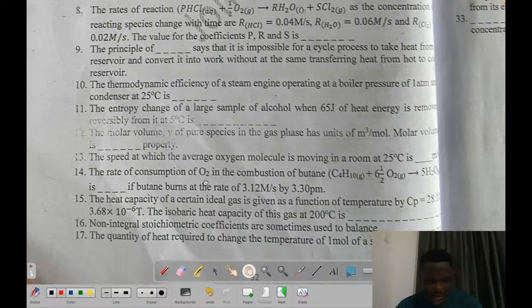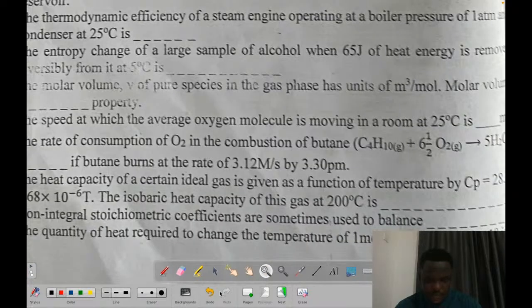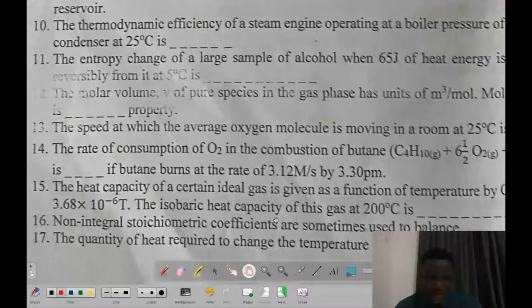Number 16 says, non-integral stoichiometric coefficients are sometimes used to balance chemical equations.